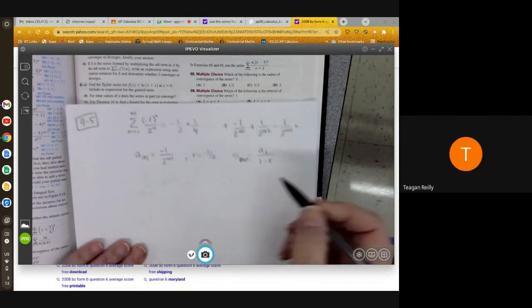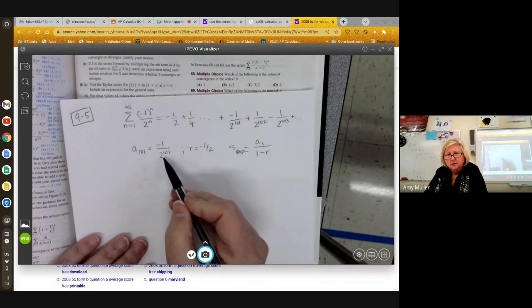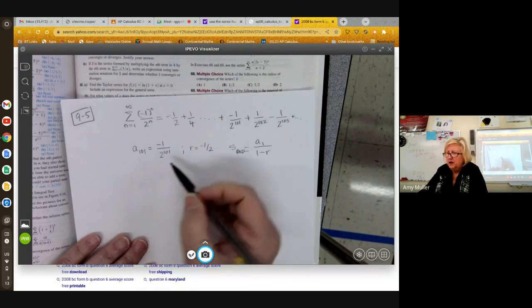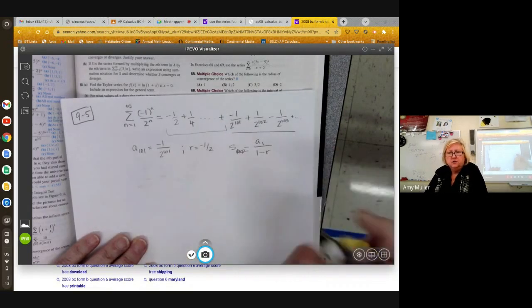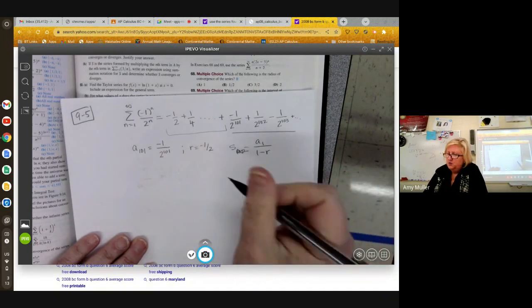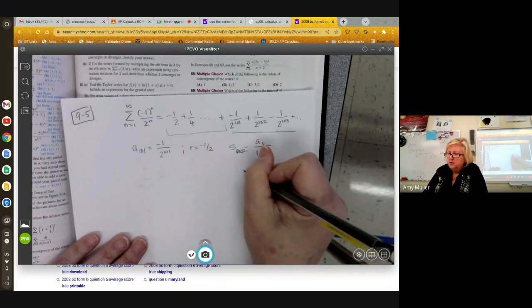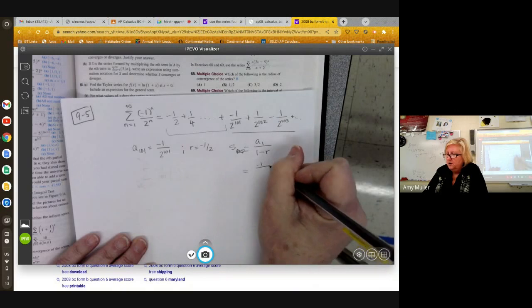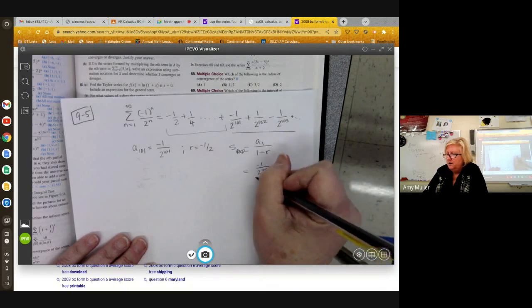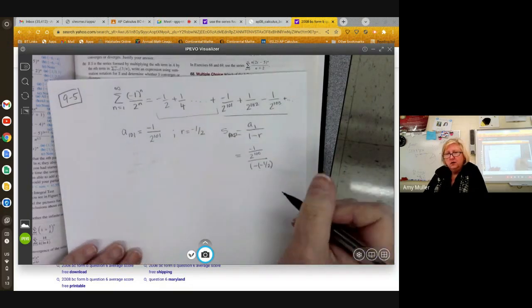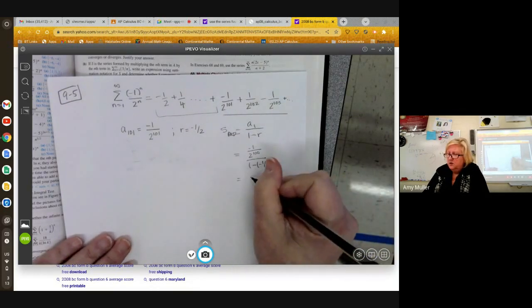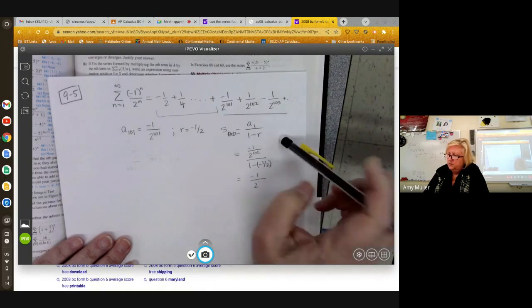Well, a sub 1 is this for my new series, because I'm taking all the first 100 and throwing these in the trash. So the truncation error is going to be geometric. So it's going to be negative 1 over 2 to the 101 over 1 minus negative 1/2, because that's r.